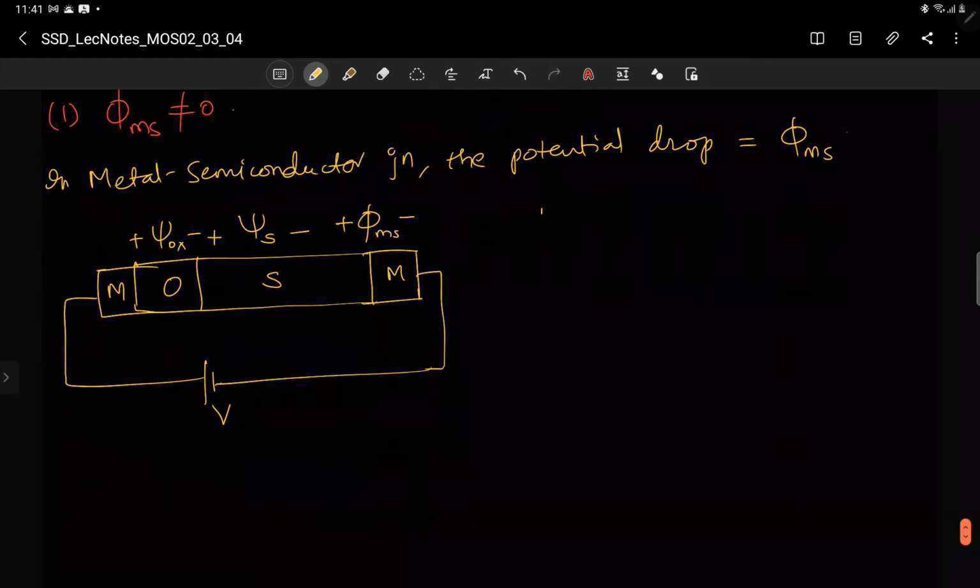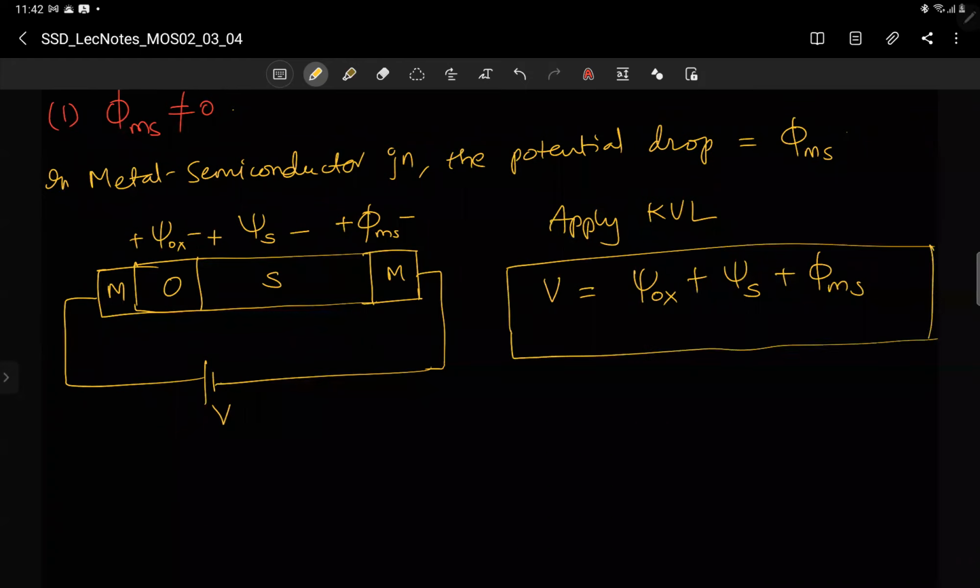So if you apply Kirchhoff's law, apply KVL in this, so what do you find? Applied voltage V is equal to drop across oxide, because the drop across metal is 0, plus drop across semiconductor plus phi ms. Okay, so this is for non-ideal MOS.